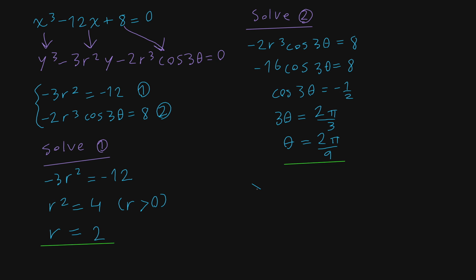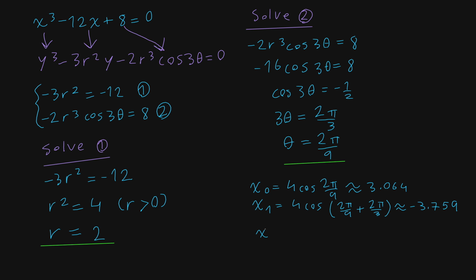So we're going to have x0 be equal to 2r, r is 2, so we're going to have 4 cosine of 2 pi over 9, and this is approximately 3.064. Then we have x1 is equal to 4 cosine of 2 pi over 9 plus 2 pi over 3, which is going to be approximately negative 3.759.